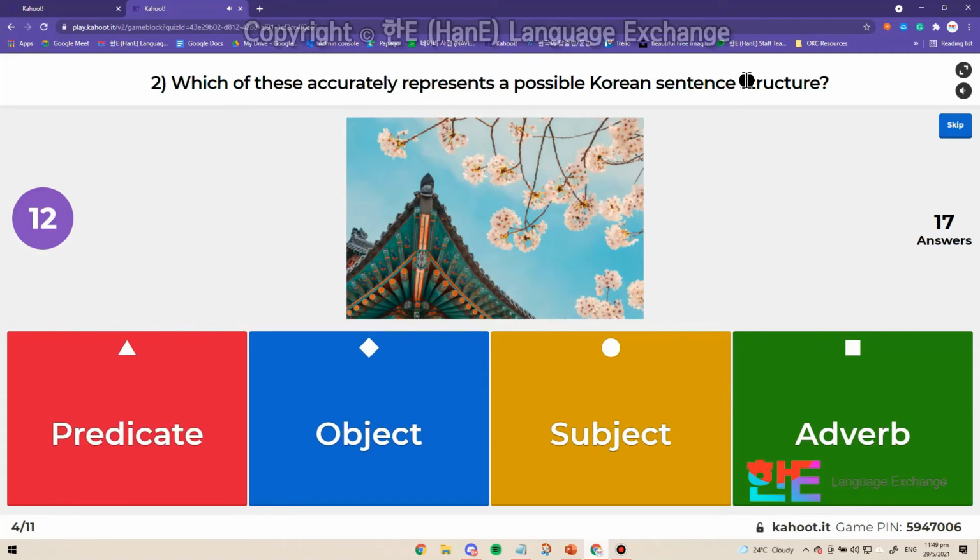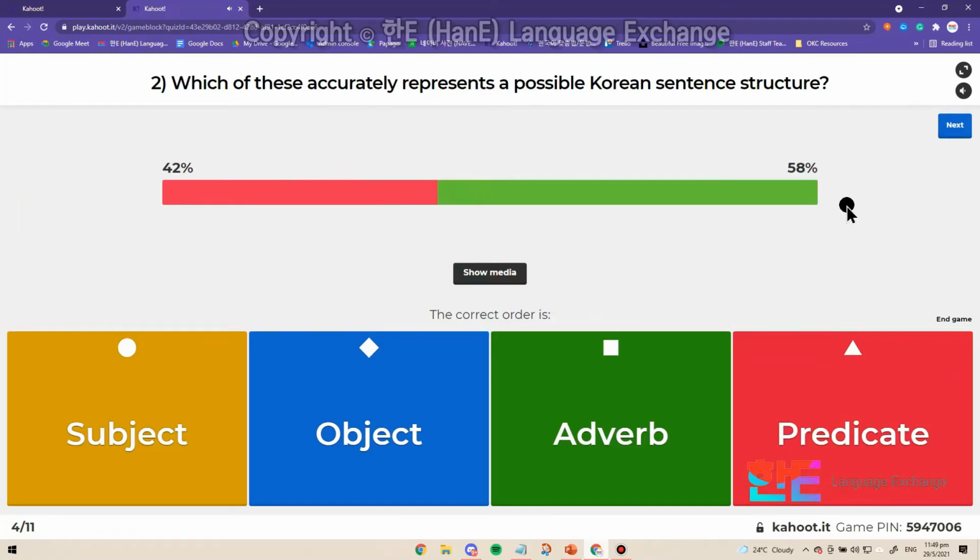I'll be skipping with 5 seconds to go. Alright, so the correct order is subject, object, adverb, then predicate. So an example of that would be 저는 밥을 빨리 먹어요.